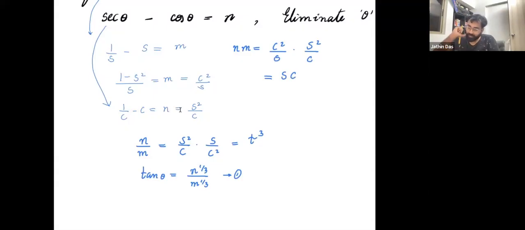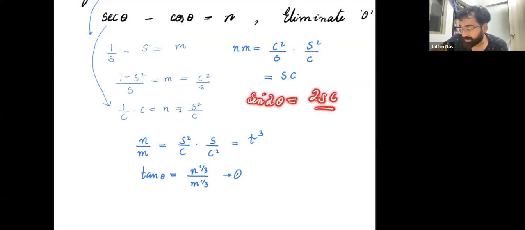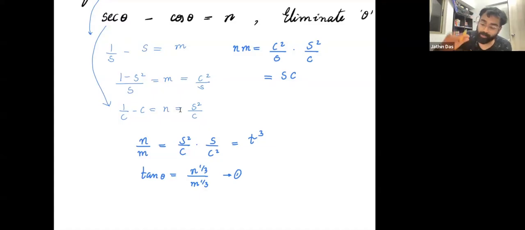Now there is an easy method to do from here, but you don't know the relation of sine 2 theta and tan, so I am doing another method. If you remember, I think you might be knowing because you're doing integration, sine 2 theta is 2 sine theta cos theta, and there is also a relation between sine 2 theta and tan theta, so that you can do it here directly. But I'm not going into that.